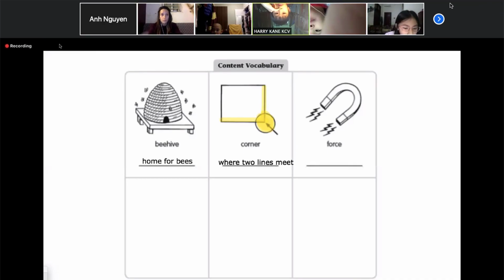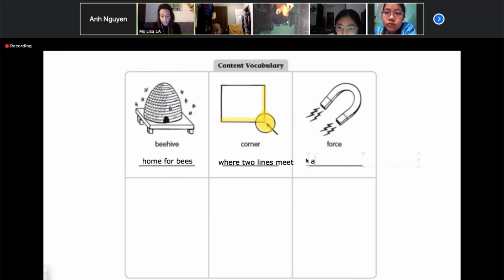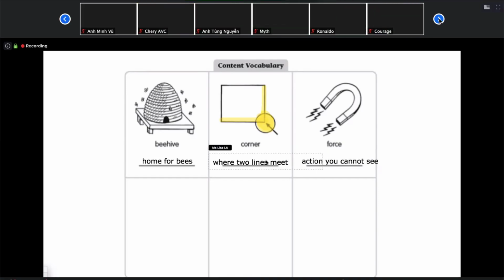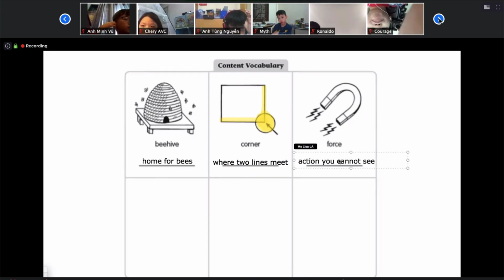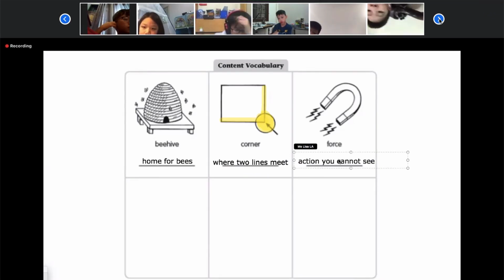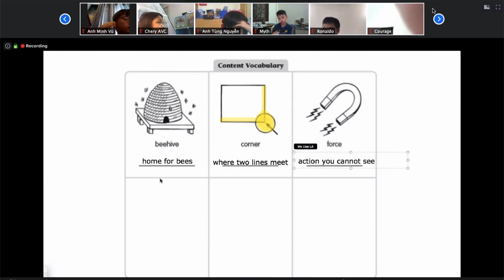No. So we can say a force might be an action you cannot see. Okay, and an example of that would be maybe a force from a magnet, a pull or a push, but you cannot see it. You're not seeing me actually pushing something, but it's an action you cannot see. Okay, so we have many forces.